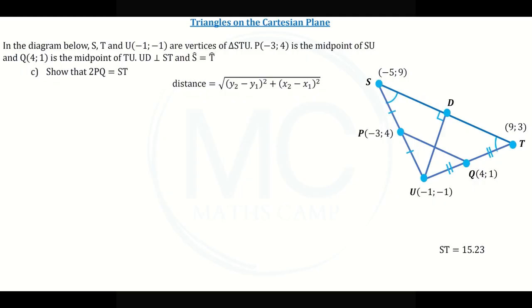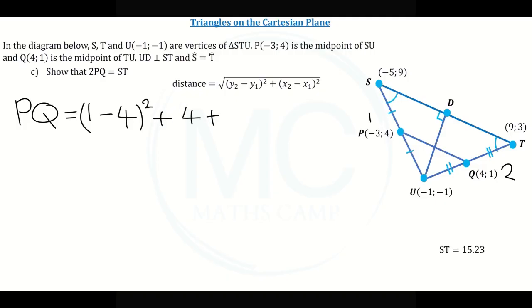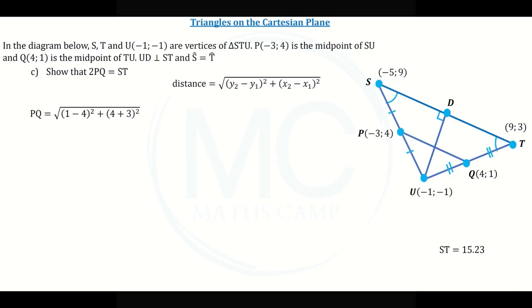Let's say that P is our first point and Q is our second. So we can say the length of PQ is equal to (1 minus 4), close the bracket, squared, plus (4 minus negative 3, which becomes 4 plus 3), close the bracket, squared, all under a square root. 1 minus 4 gives us negative 3.